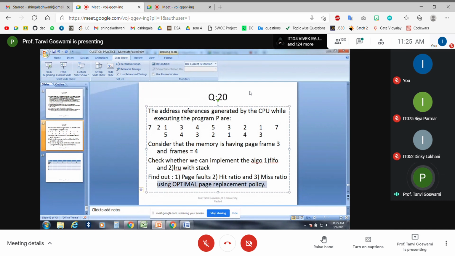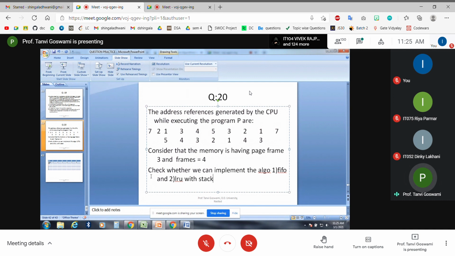You need to trace these two times, first with page frame 3 and second with page frame 4, and at each time instant t check whether M of 3 is a subset of M of 4. Whenever this condition fails, we cannot implement the algorithm or policy with a stack.